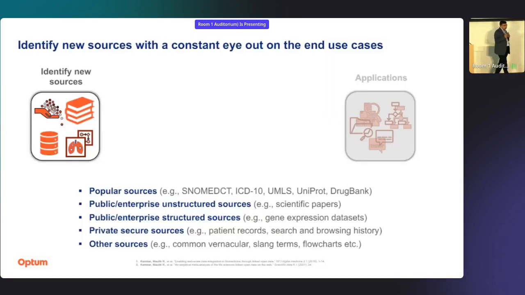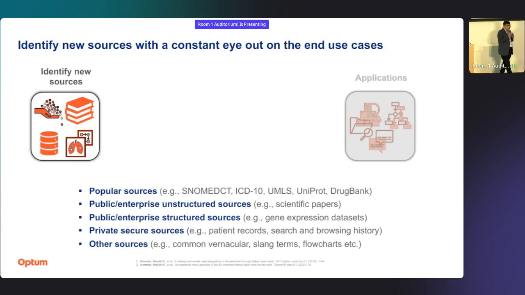A lot of development around enterprise knowledge graphs often begins with identifying the new sources of data and knowledge from which to extract and store it in a knowledge graph. But when you are doing that, you should always keep an eye on the end applications. Like, what is your use case? Is it search? Is it decision support, recommendation? We will talk a bit more about some of these applications in the following slides.